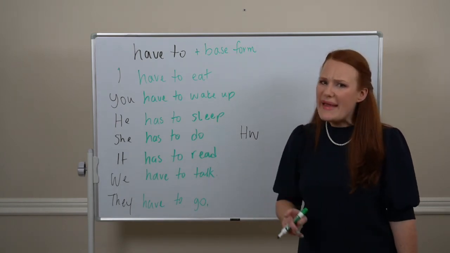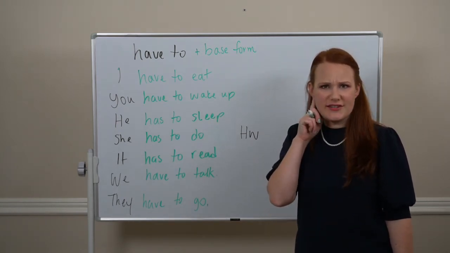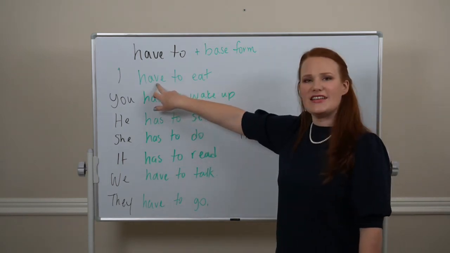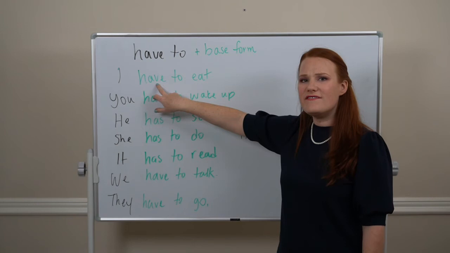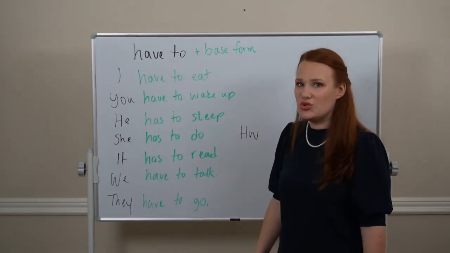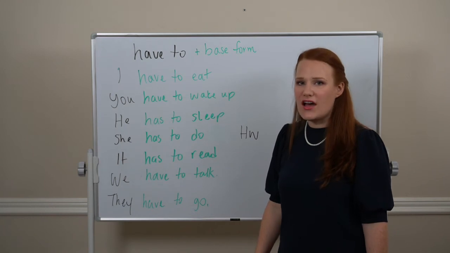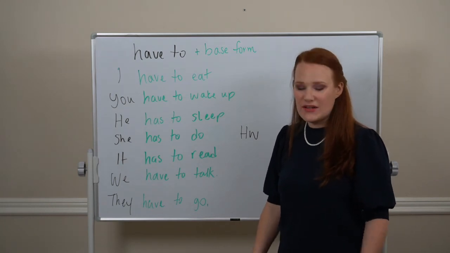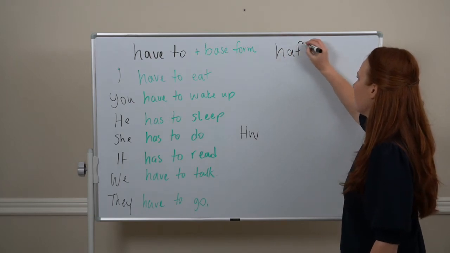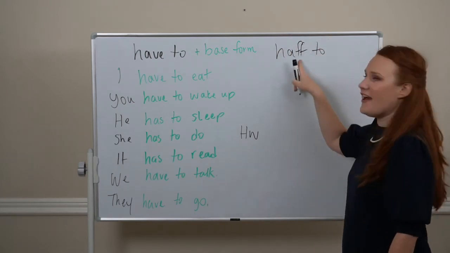Okay, so maybe you've heard something with these words. This letter is a V, but when we use have to, we don't say V, we use F. So it sounds like have to. Have to.